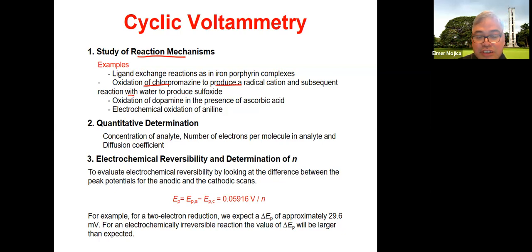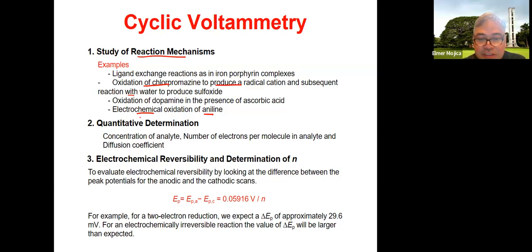You can also look at the oxidation of dopamine in the presence of ascorbic acid. And you can apply electrochemical stuff. So for instance, see what happened for a compound like aniline. So you can oxidize it and see how the mechanism would look like.